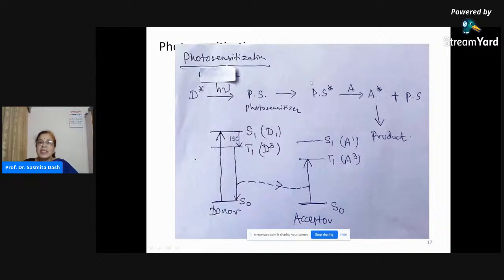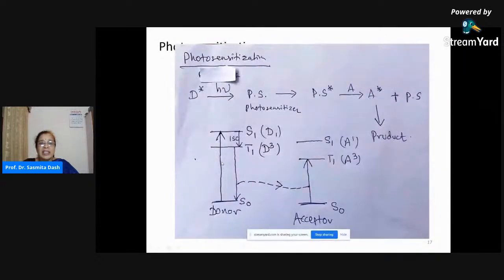In the process, the excited photosensitizer comes down to the normal photosensitizer molecule after passing on the extra energy to the acceptor, and this gives rise to the product. Now here what happens, we have the molecule here in the donor ground state.